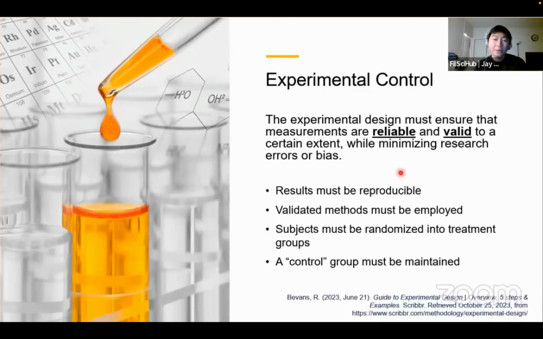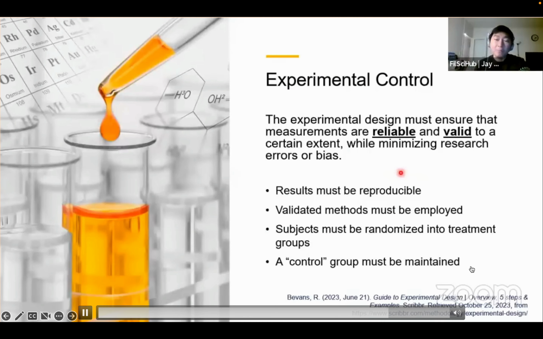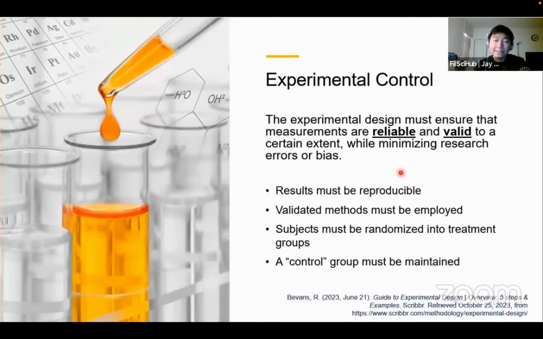So that's why randomization is important. Let's say we randomize our subjects into the treatment groups para po ma-minimize yung errors and bias.